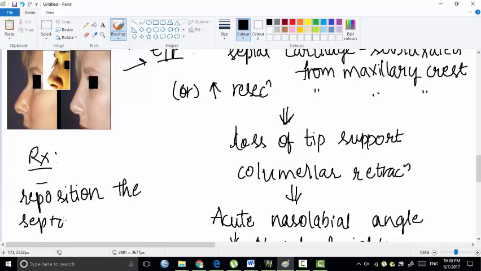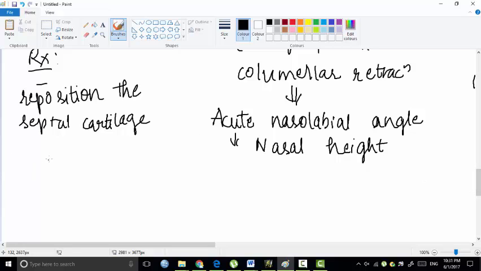That is the major correction, and along with that you should give columellar support, right? Plus columellar support. That is the major treatment for pseudo hump.